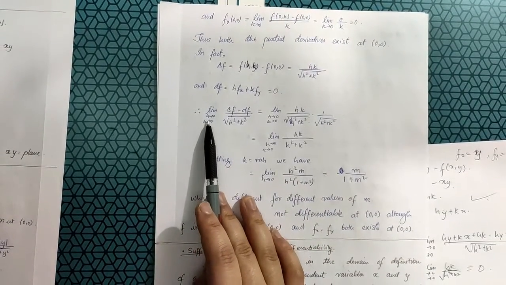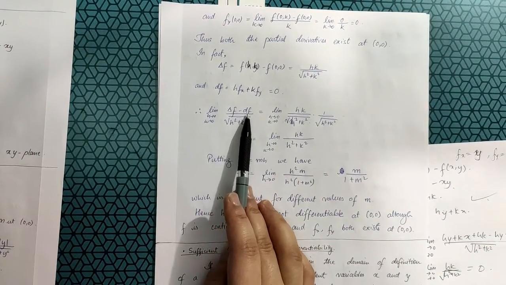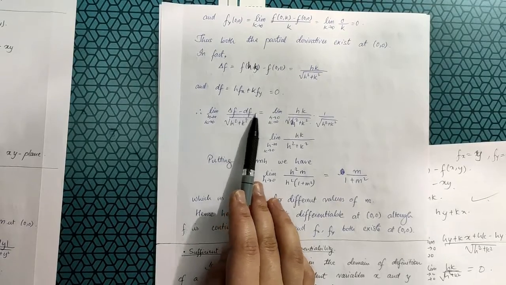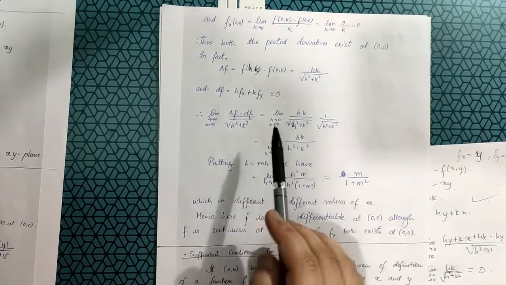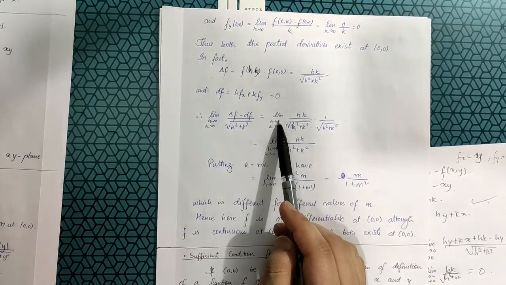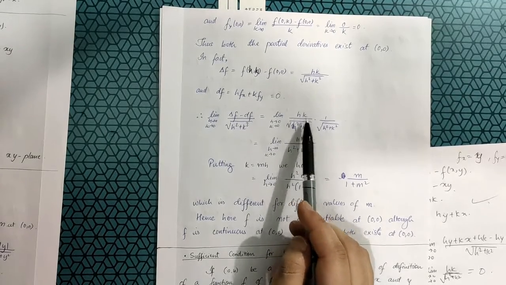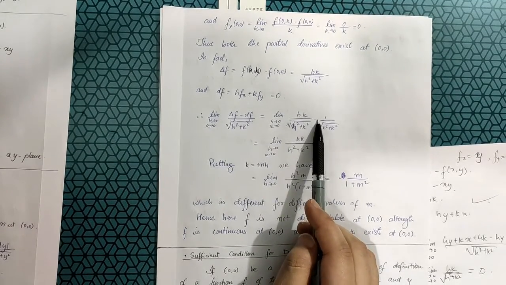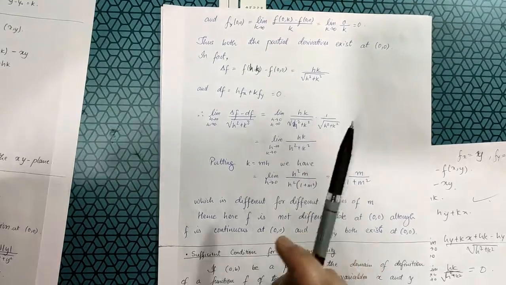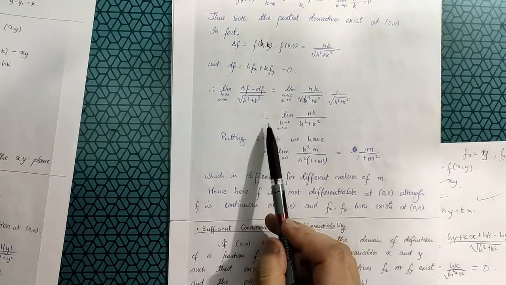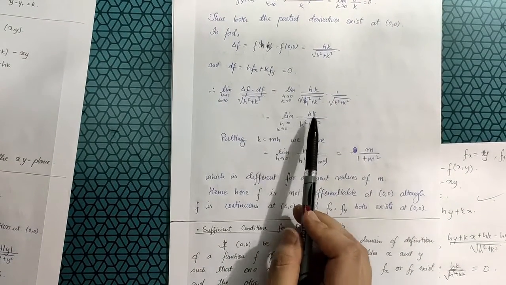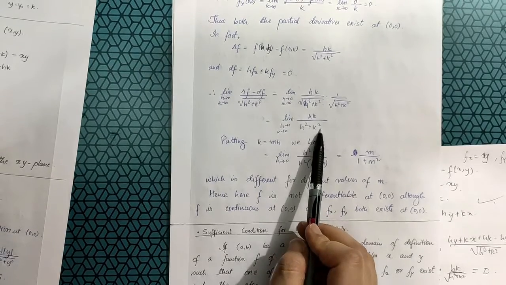Therefore, limit h tends to 0, k tends to 0 of del f minus df divided by root over h square plus k square is equal to limit of hk divided by root over h square plus k square into 1 by root over h square plus k square, which is equal to limit h tends to 0, k tends to 0 of hk divided by h square plus k square.